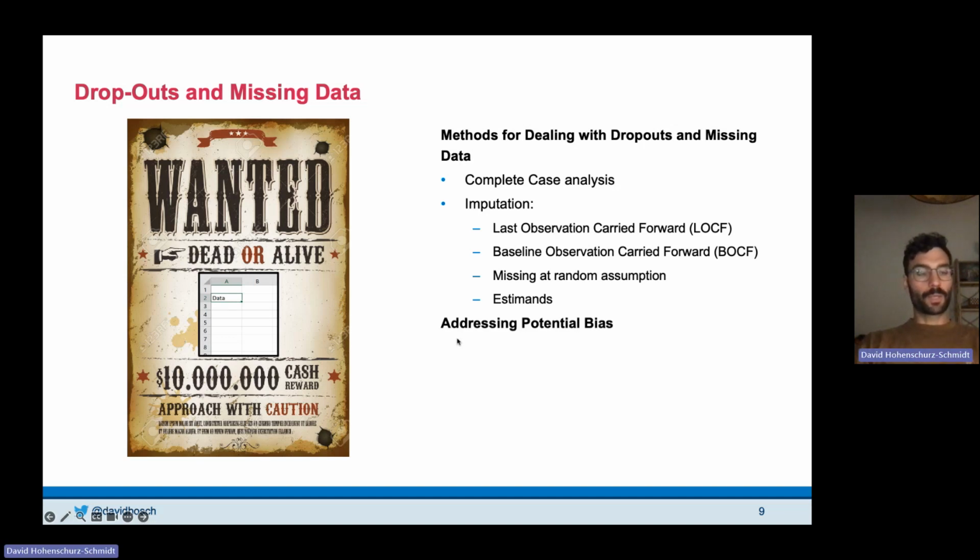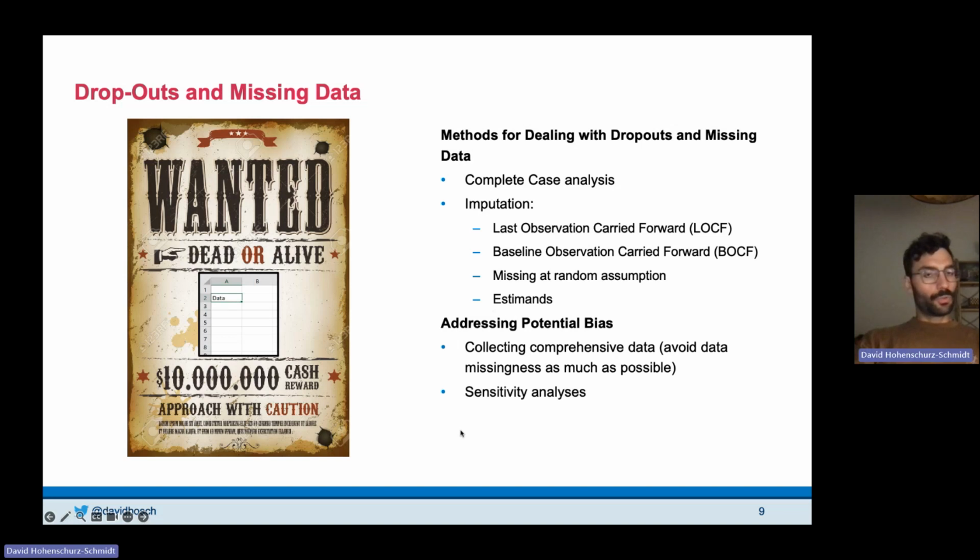Addressing the problem of missing data is essential to prevent biased results. Like I said before, ideally you do this by collecting comprehensive data. You could also run sensitivity analyses. So in your main analysis model, so your main set of assumptions and statistical test, you may have chosen to use a last observation carried forward method to impute missing values.